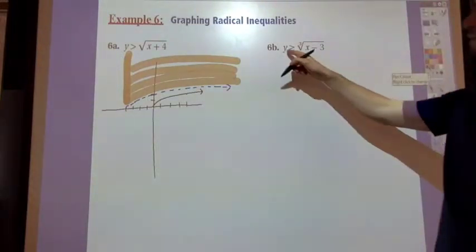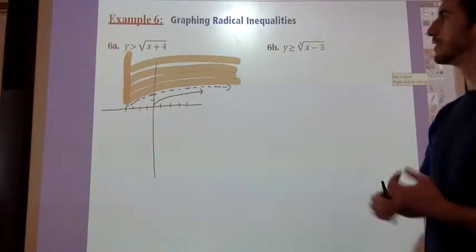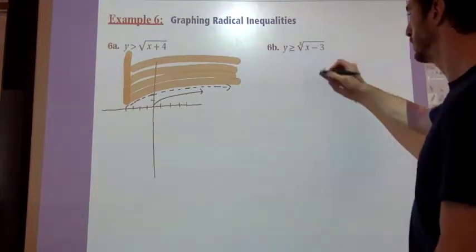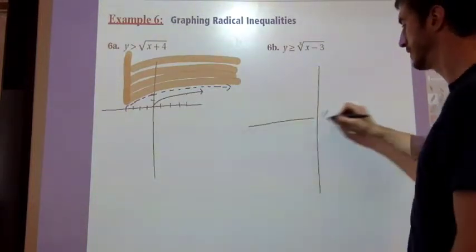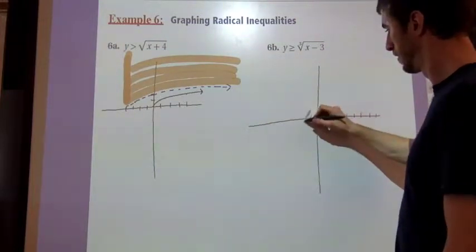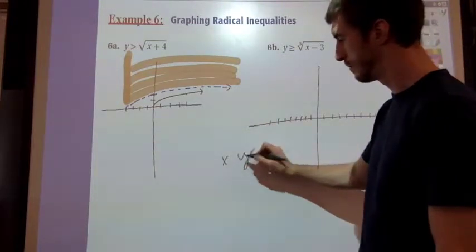This one, we've got y is greater than or equal to the cube root of x minus 3. So cube root. We haven't done one of those in a while. I'll go ahead and do this just so we remember.